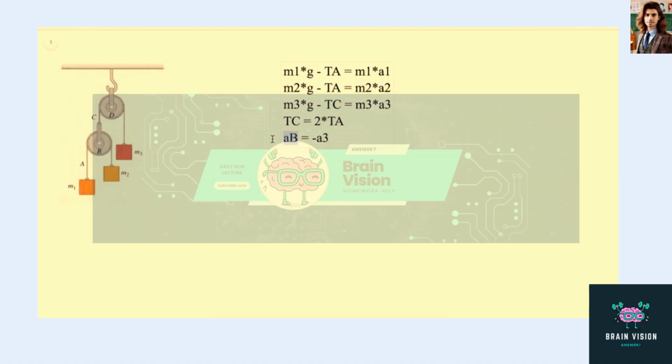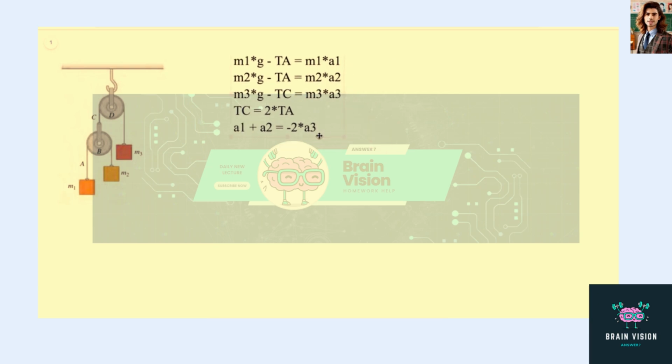So AB is going to be A1 plus A2 divided by 2. So if we multiply both sides by 2, this will give us minus 2 times A3. Okay, so now we have 5 equations, and we have 5 unknown variables, TA, TC, A1, A2, and A3. So we can solve these. Won't be easy, but in theory we have 5 equations and 5 unknowns, so we can solve this.